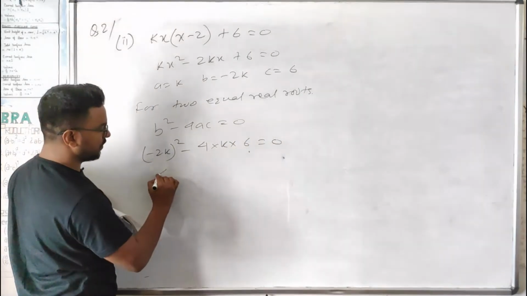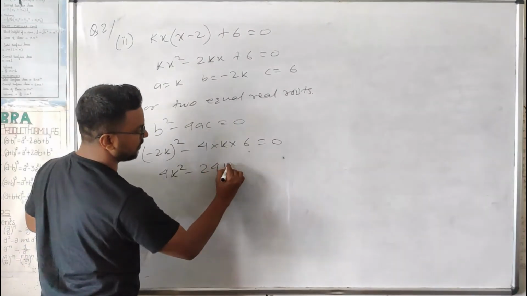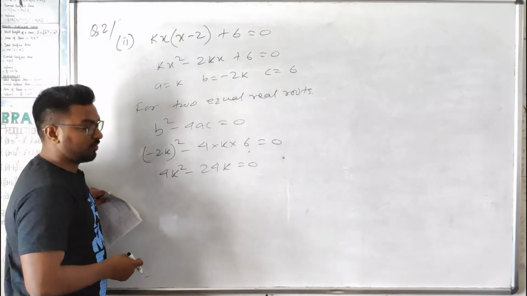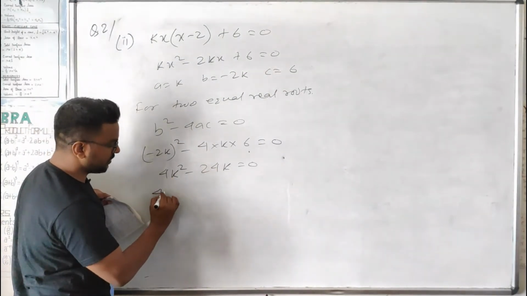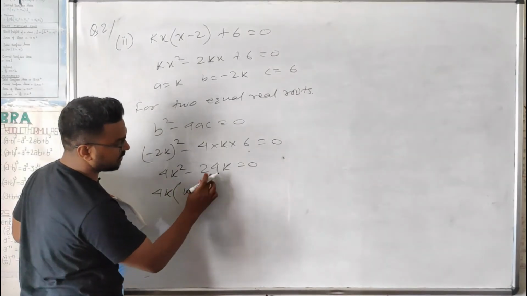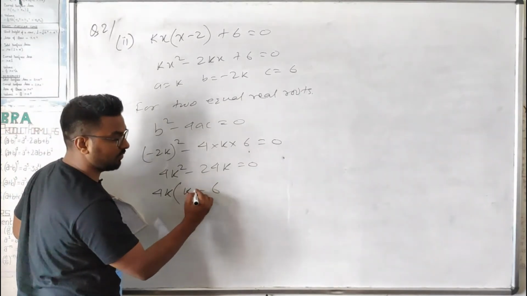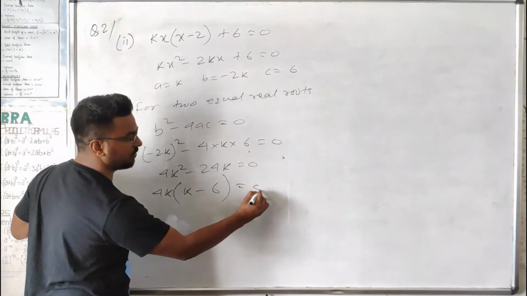So this will become 4k square minus 24k equals to 0. Now you see what is common here. Both are divisible by 4 and k. So 4k is common. If you take out 4k here, k minus 6 will remain. 4 sixes are 24. So if you multiply this one, it will become 24k equals to 0.